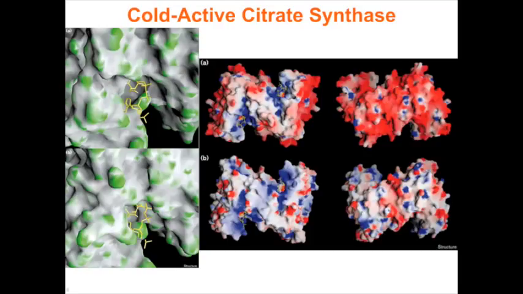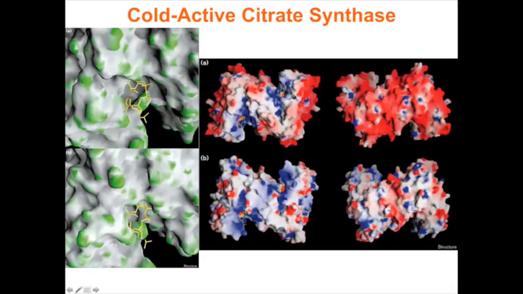Here, these two are only 27% similar. 73% of their primary amino acid sequence is different. And so you would expect that these are completely different proteins, but they're not. You can see the shape is very similar, so we expect they have very similar functions.